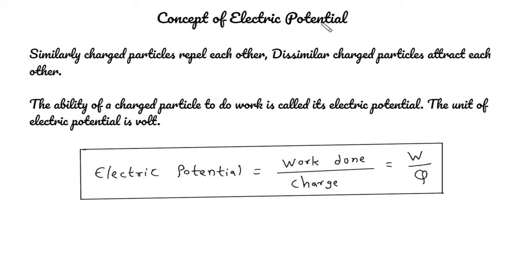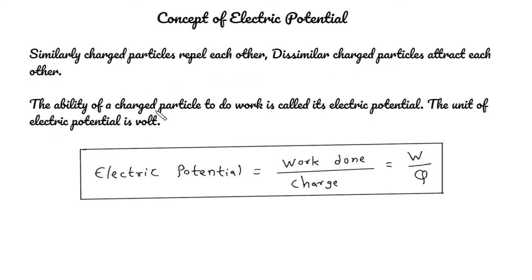Concept of electric potential. Similar charged particles repel each other: positive and positive charged particles repel each other, and negative and negative charged particles repel each other, while dissimilar charged particles attract each other. That means positive and negative charges attract each other.